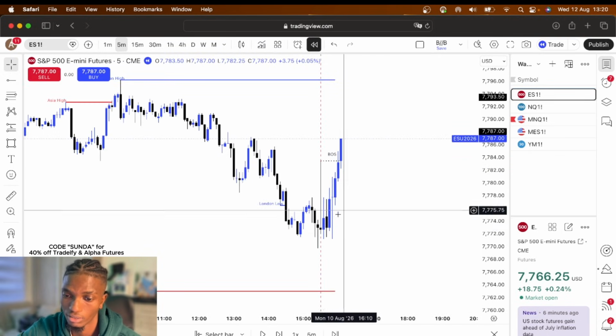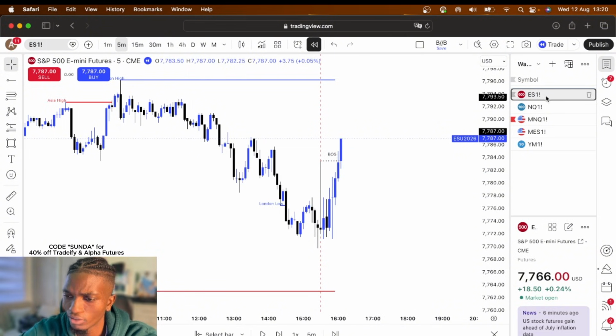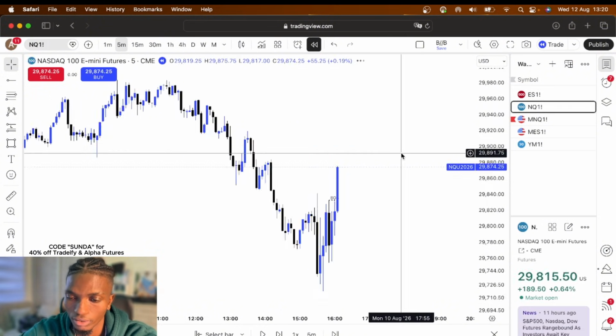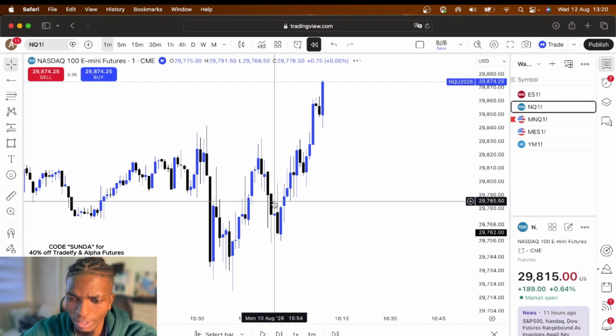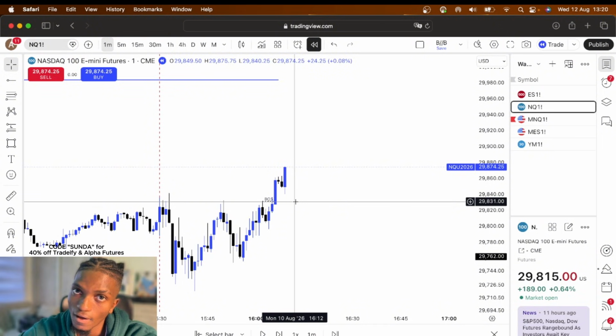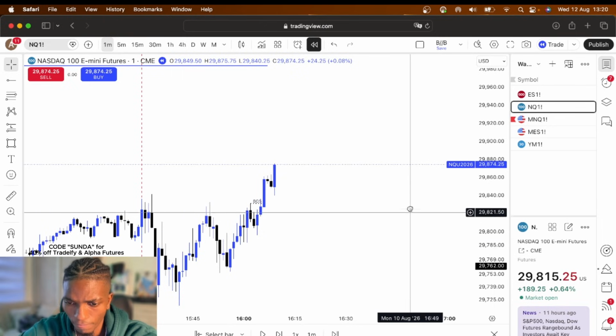And apparently it is. You see, we have a break of structure up there, and then we're gonna simply wait for the retracement. So we're gonna go into M1 and wait for a break of structure down, or inverse fair value gap down, then a break of structure up. So let's see.